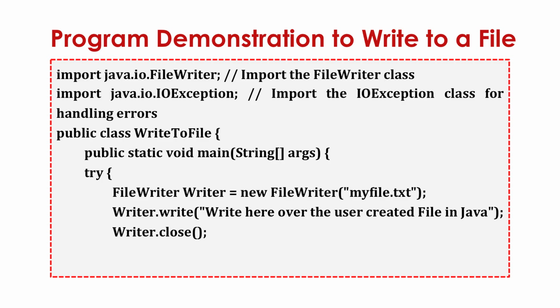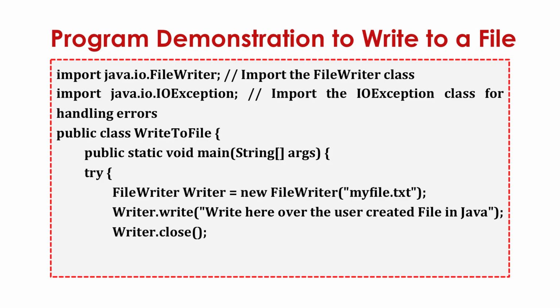So that is the example that explains how to write to a file. Again, some necessary classes we have imported here, such as the FileWriter class and the IOException class, and one new user defined class called WriteToFile we have declared.